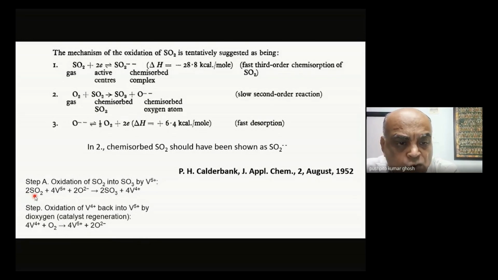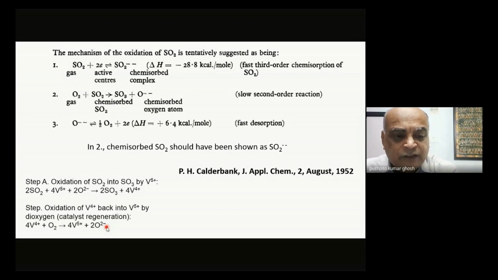The SO2 plus 2V5+ plus 2O2 minus is effectively going to, this is 2SO3 plus 2V4+, and the V4+ is basically with oxygen getting oxidized back to V5+ plus 2O2 minus.